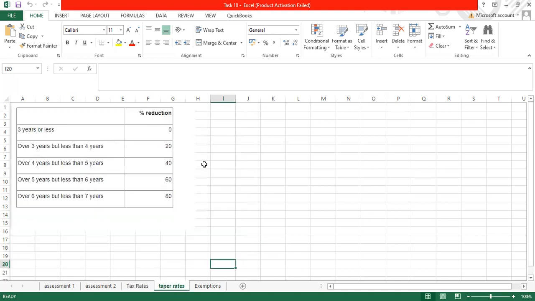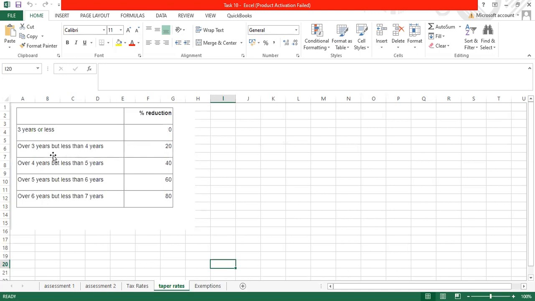And the next rule is taper relief. Right now there is a limit when you do a gift. You have to live at least 7 years before it is exempt from tax. So if I gift anything today and I die in 3 years or less, there will be no relief available.